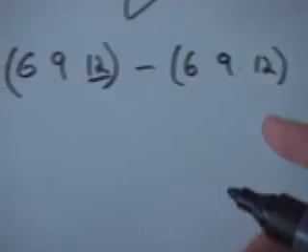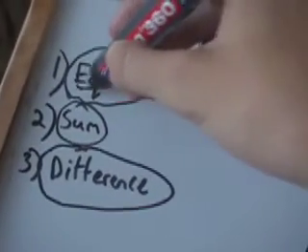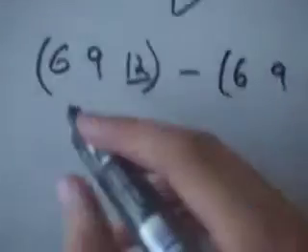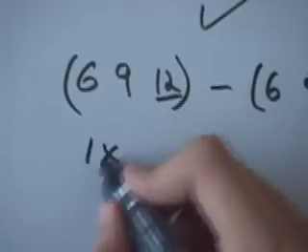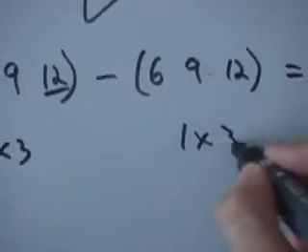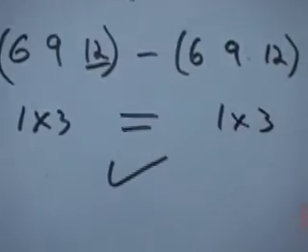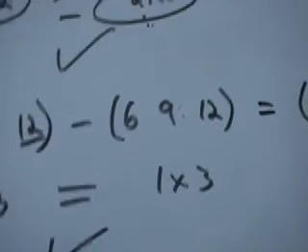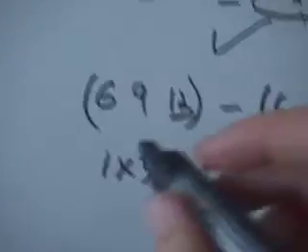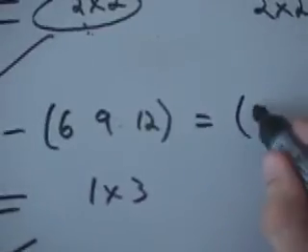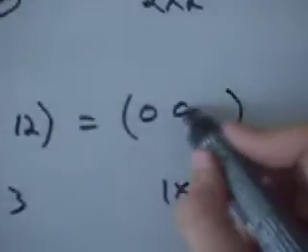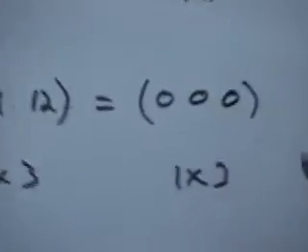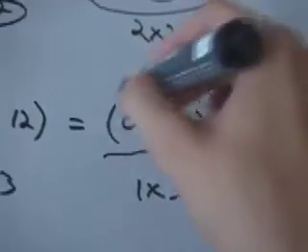First thing you do, like with the summing, you check: is it possible? Are the orders equal? You go here, 1 by 3, 1 by 3. They are equal, it's possible. So you know that's a 1 by 3. 6 minus 6, 0. 9 minus 9, 0. 12 minus 12, 0.